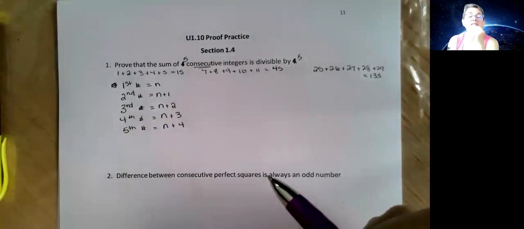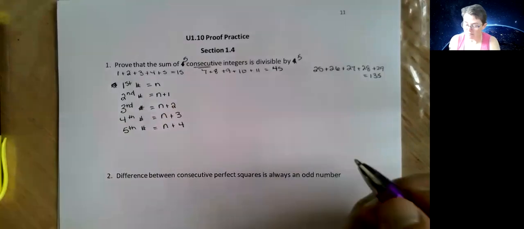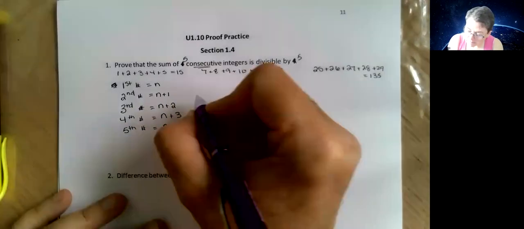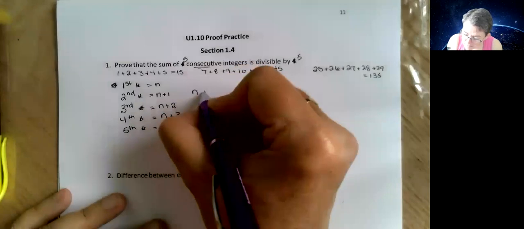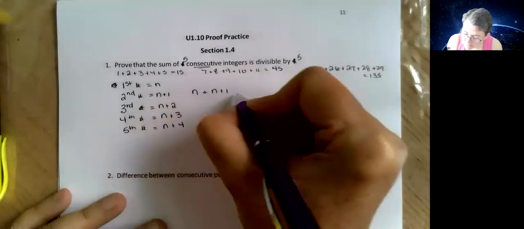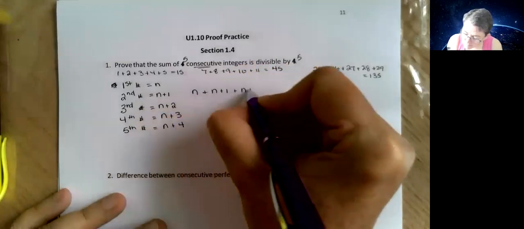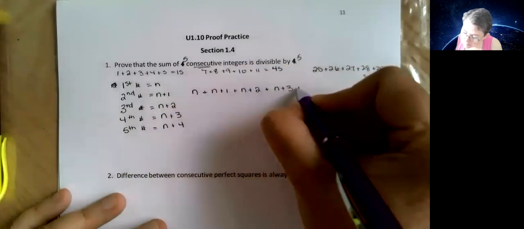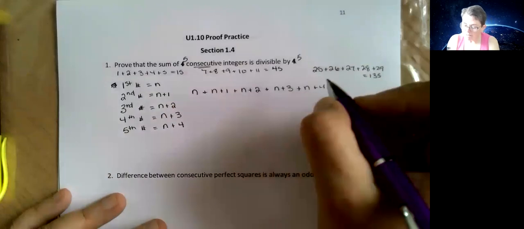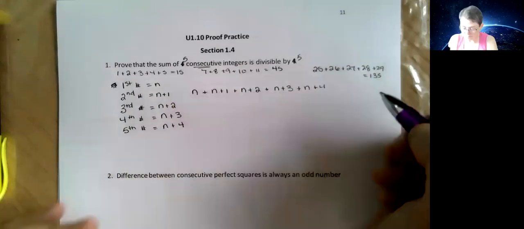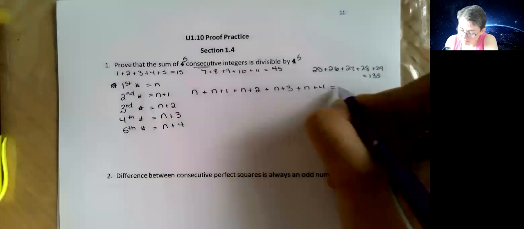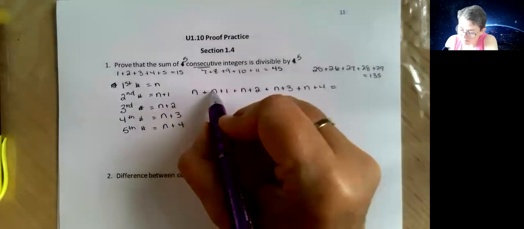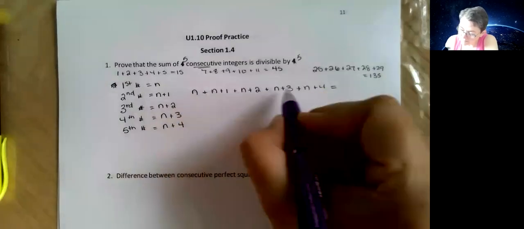Now it says I need to prove the sum of them. So I'm going to have to add them up. So n plus n plus 1 plus n plus 2 plus n plus 3 plus n plus 4 is equal to, so there's 5 n's.